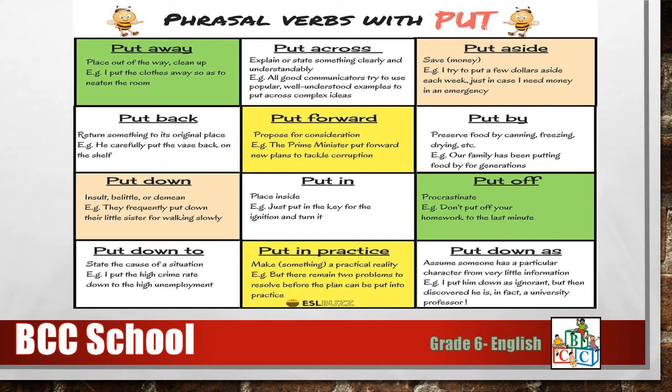Put in practice, meaning make something a practical reality. Put down as, so assume someone has a particular character from very little information. The example given is: I put him down as ignorant, but then I discovered he is, in fact, a university professor.